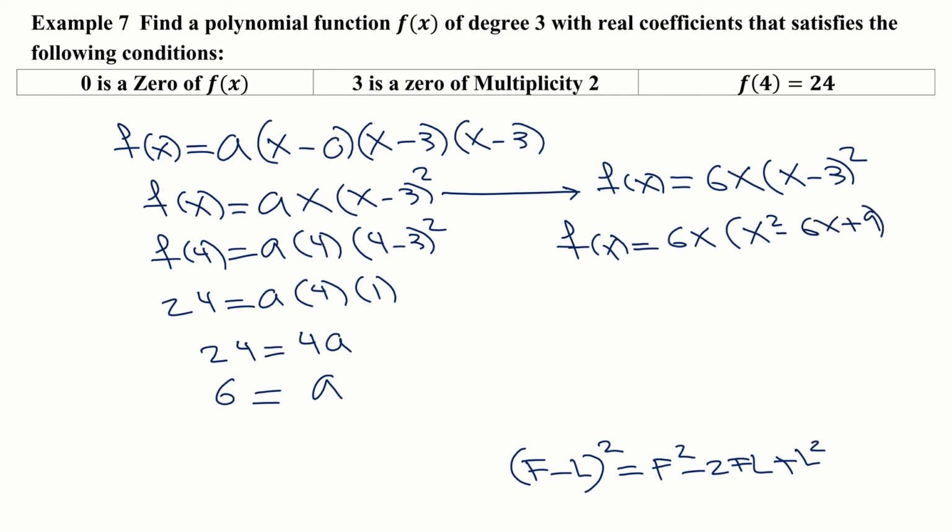Now we just need to multiply the 6x into that trinomial. So we get f of x equals 6x cubed minus 36x squared plus 54x.